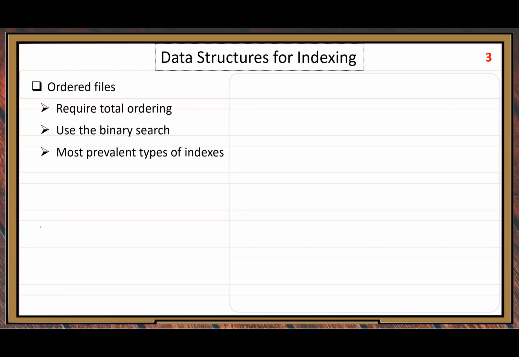Most prevalent types of it, because most of the time our data has the total order. String data, alphabetic order; numeric data, natural order; dates, we define order. So most of the data we use in our daily life all have total order, let's say.